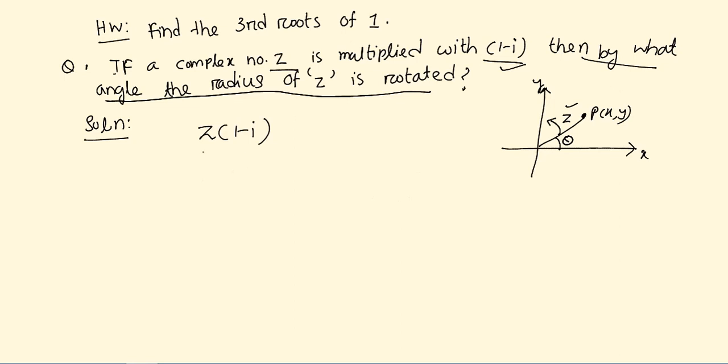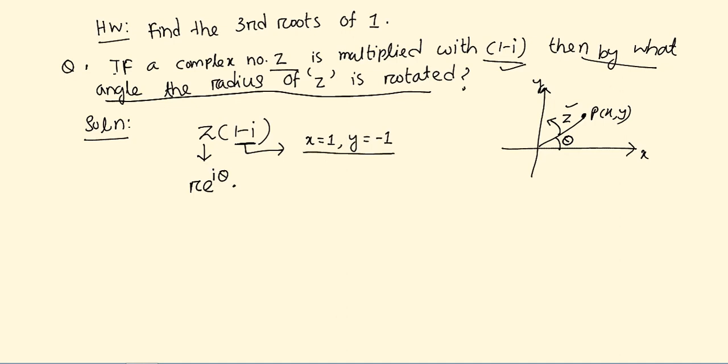So now see here, we can write this z in polar coordinate form, that is r e to the power I theta, and this complex number is in the form of Cartesian coordinate. Now we can convert this into polar coordinates. Here x equal to 1 and y equal to -1.